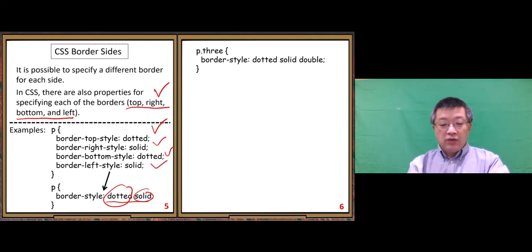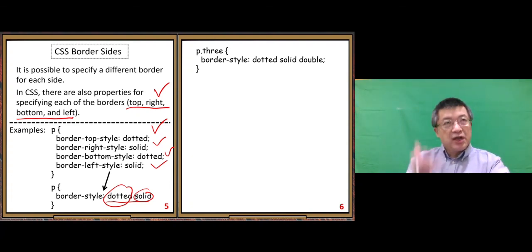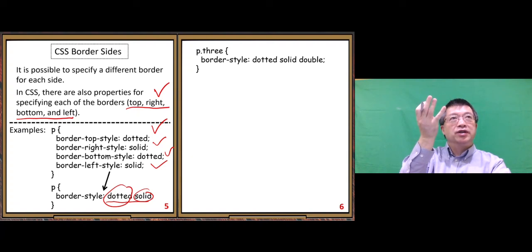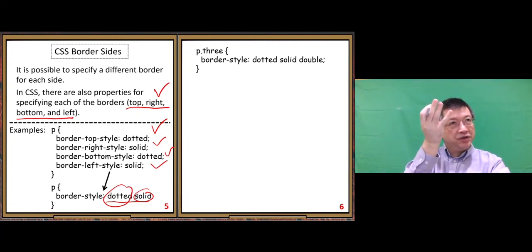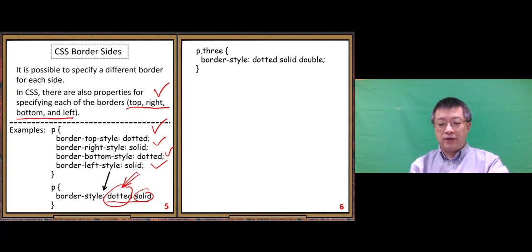All right. When you get to the bottom, you don't have any style corresponding to it. You look at its opposite side. Okay. The bottom, its opposite side is top. So you have the top style. You just use your opposite side style. So that's the dotted again. Then for the left, you use its opposite side style. That's solid, for that too.